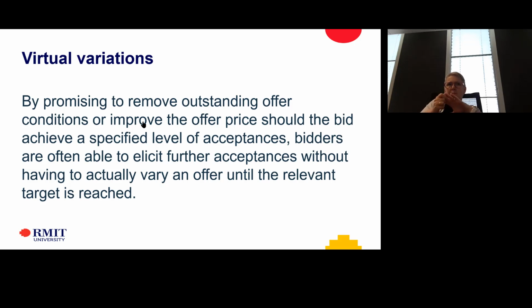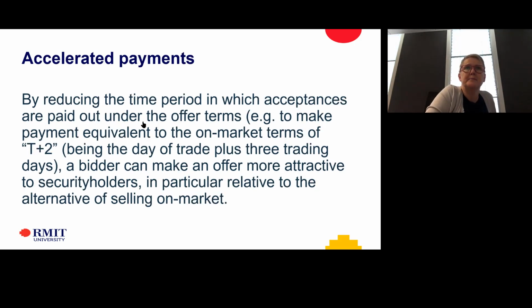The wording needs to be very, very careful, but essentially this is all about an offeror, a bidder, saying, once we achieve this, our intention is to do that, without actually making that promise at that time. And it gives them flexibility if the conditions aren't met.